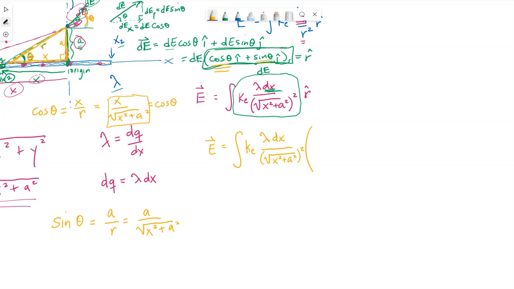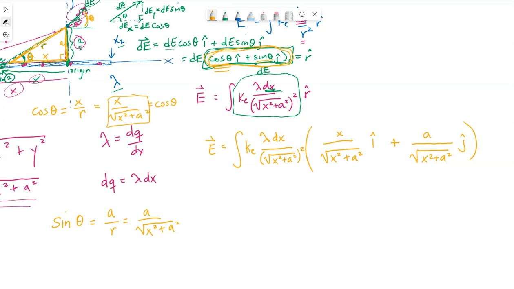So the magnitude times, now I'm plugging in what represents r hat, the direction. So the x component was the cosine of our angle, which we are just writing in terms of dimensions because we know the shared angle. And then the sine of theta for the y component.